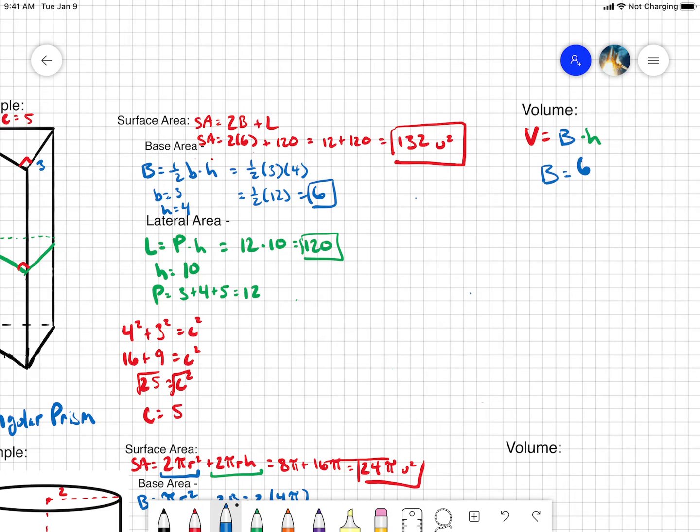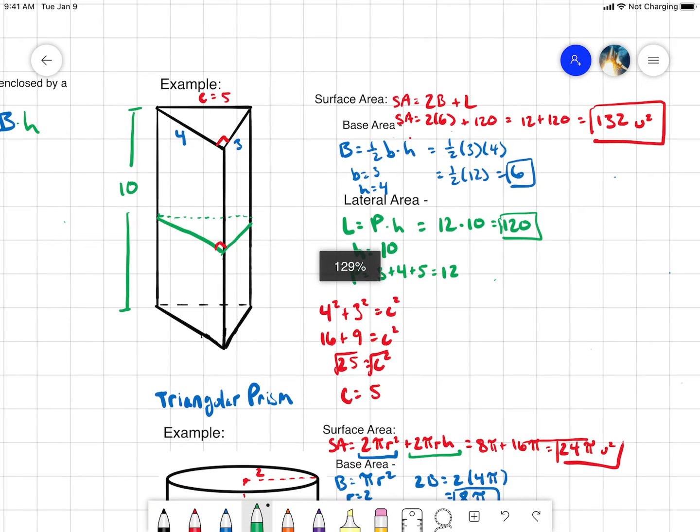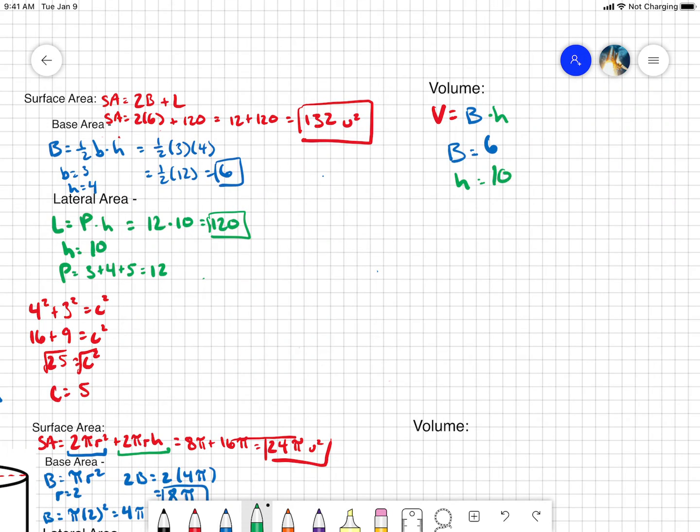It's 6. And then what's the height of this object? 10. So since the height is 10 and the base is 6, my total volume is going to equal 6 times 10, which is equal to 60 units cubed.